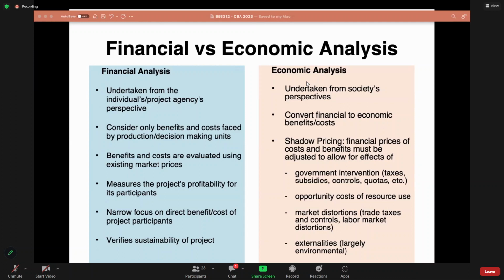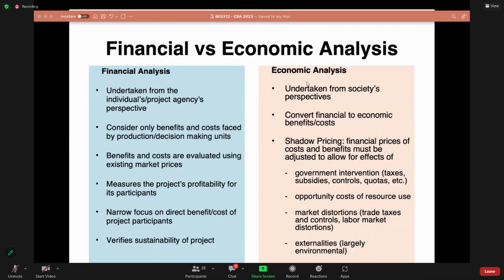So you're taking into consideration not just the financial costs, but also the social, economic benefits and costs. Whereas in a financial analysis, you will typically only consider the costs and benefits that are faced by the production or decision making units, the client or the producer.